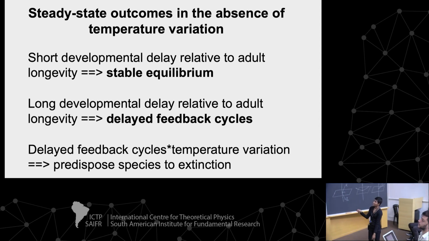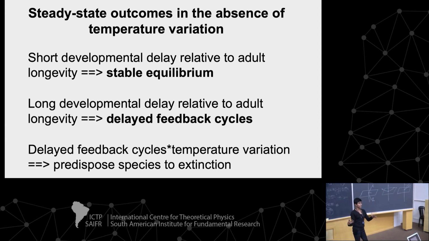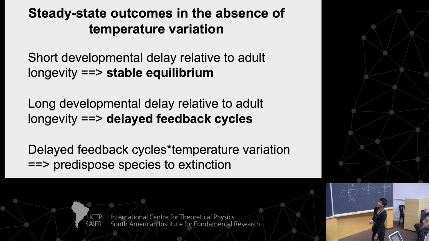And here we have the situation where the developmental delay is intrinsically large because of the species' life history. Some species have long developmental stages relative to the adult stage. Butterflies, lots of insect parasitoids, they have a very long larval or juvenile stage and the adults live for a few days. So in situations like that, you can get these delayed feedback cycles.